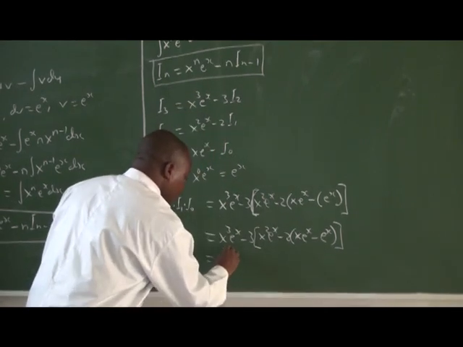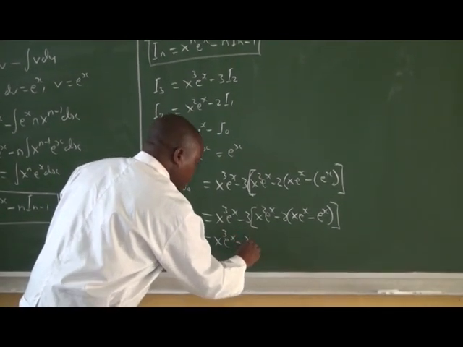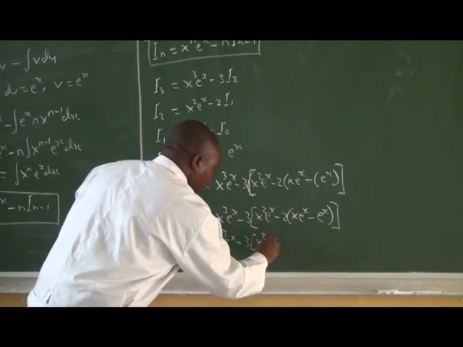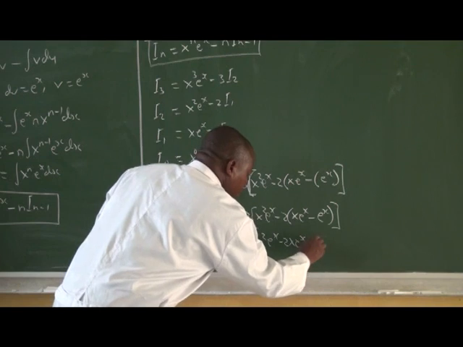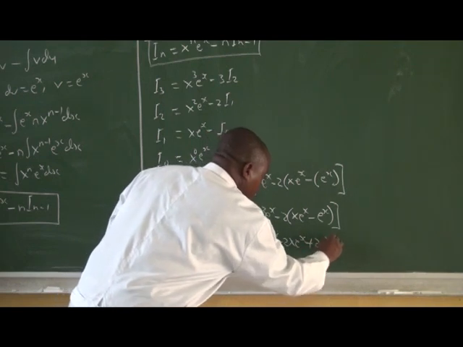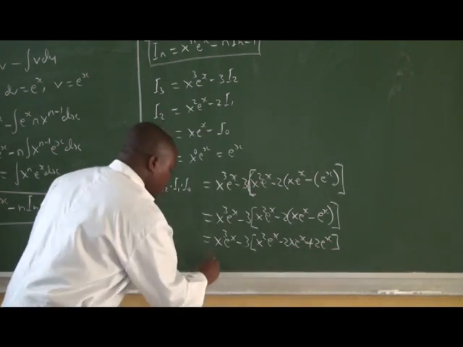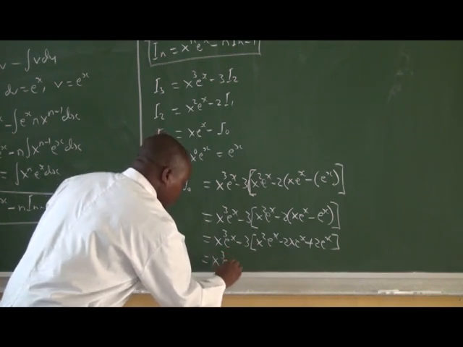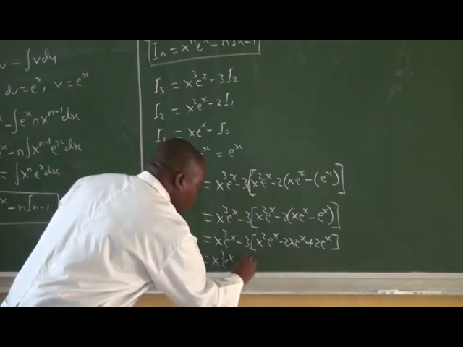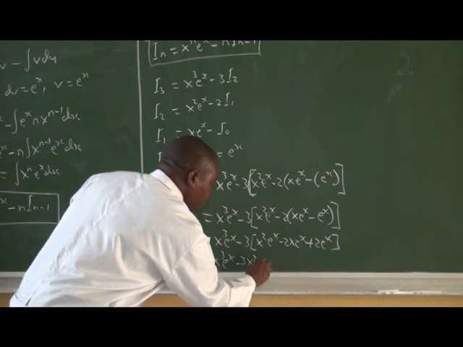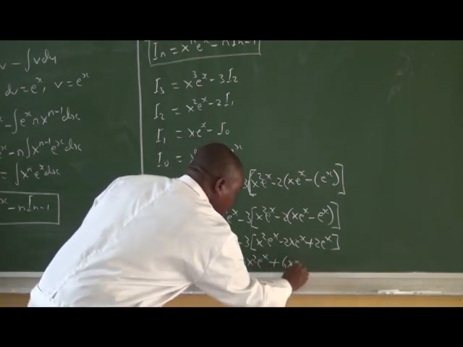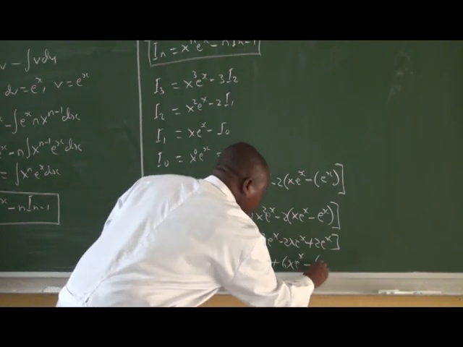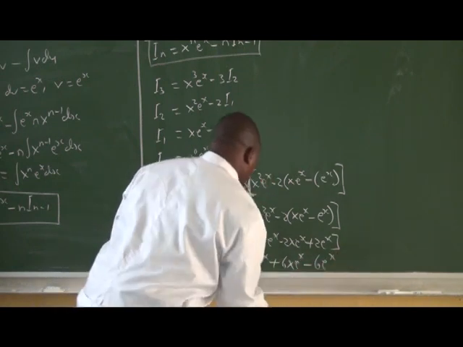Then x cubed e^x minus 3x squared e^x plus 6x e^x minus 6e^x.